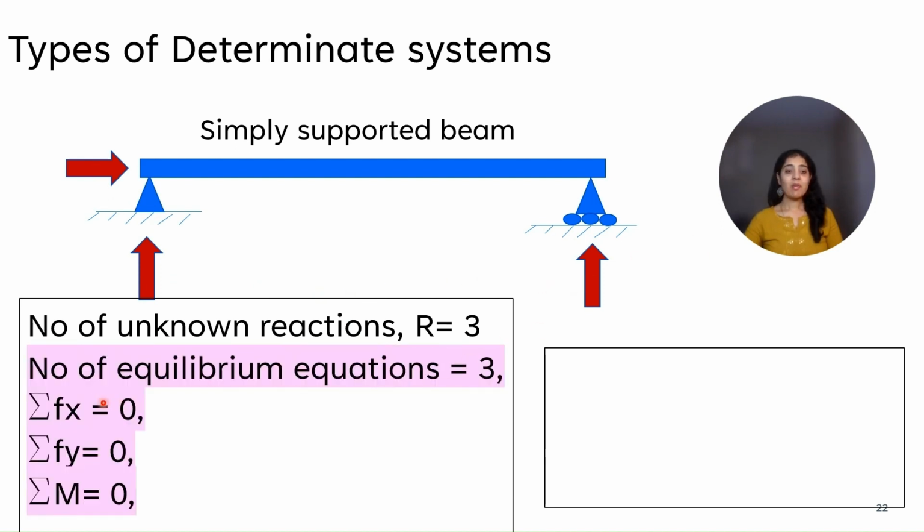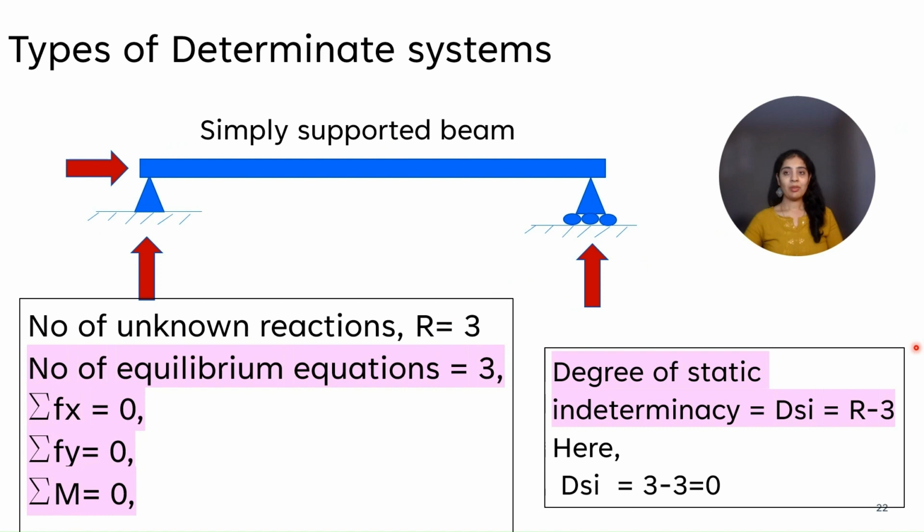Then the number of equilibrium equations for this type of structure is 3. Summation Fx is equal to 0, summation Fy is equal to 0, and summation of moments acting on this beam is equal to 0. So, the degree of static indeterminacy DSI will be R minus 3.